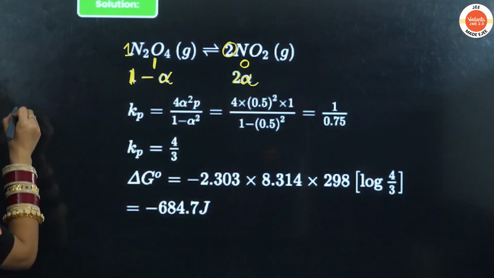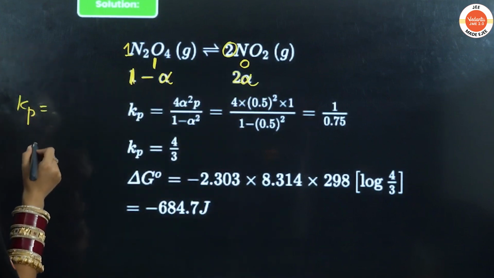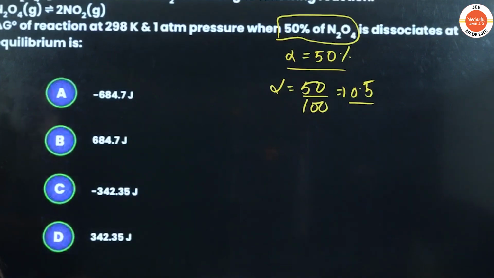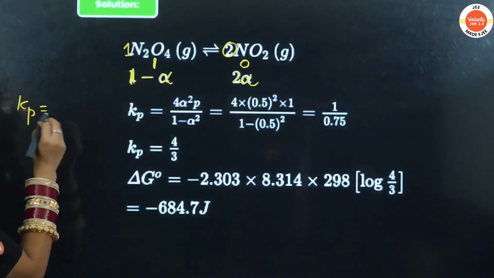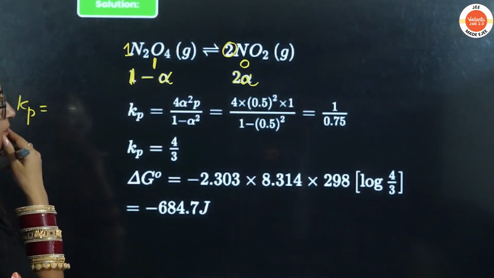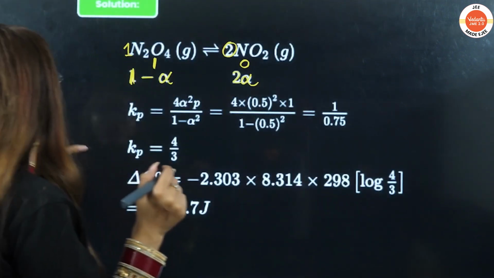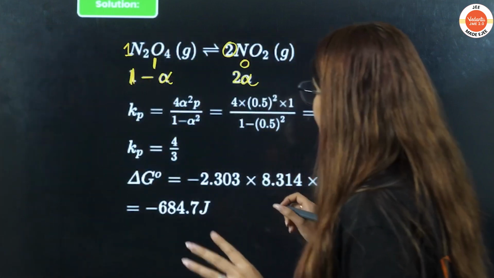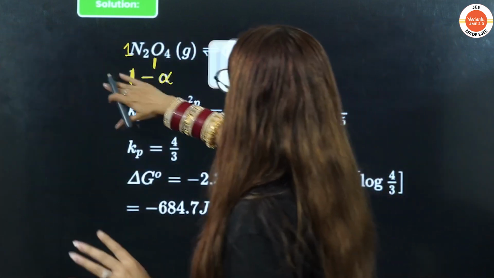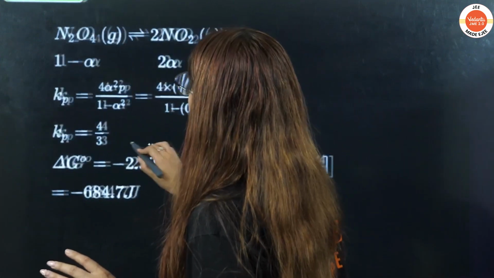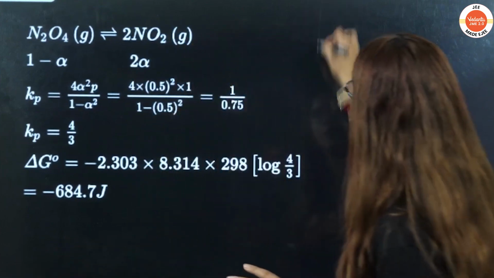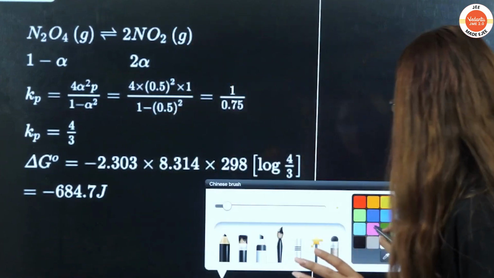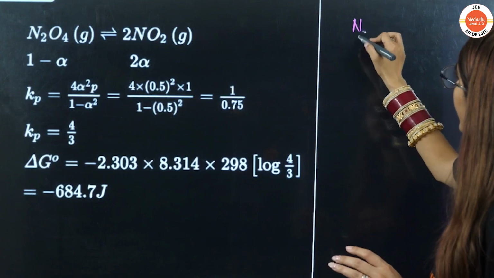Now Kc, or you can say Kp, we are talking about Kp here. Because according to this reaction dissociation, you can calculate the value of Kp here. For Kp, I'll just do one thing here. Sometimes writing is important, na?